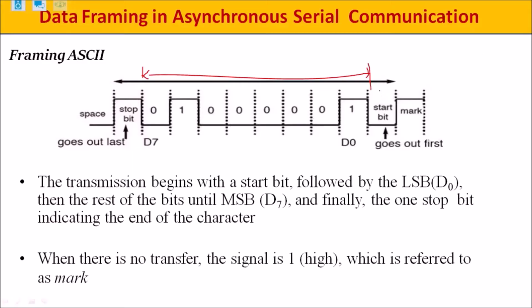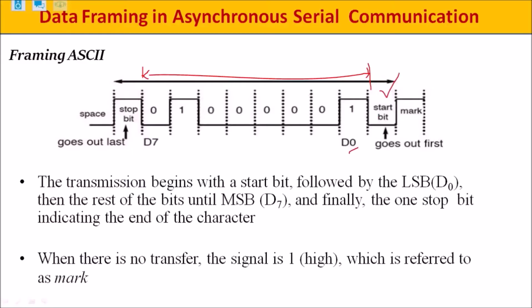For that, it first has to attach a start bit. Generally, the start bit is 0, and here it shows the logic 1 signal. That means data is not being transmitted by the transmitter to the receiver. That is called a mark. So the UART block will attach a start bit, that is logic 0, to this data. First the LSB, D0, is transmitted, as shown here.